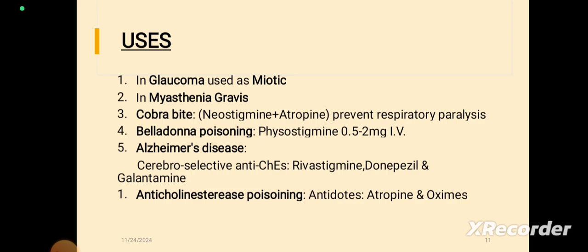So it can be possible that it is not used properly and there is a poisoning, so that is called anticholinesterase poisoning. So the antidotes preferred for that are atropine and oximes. Atropine and oximes are the drugs of choice used in anticholinesterase poisoning.